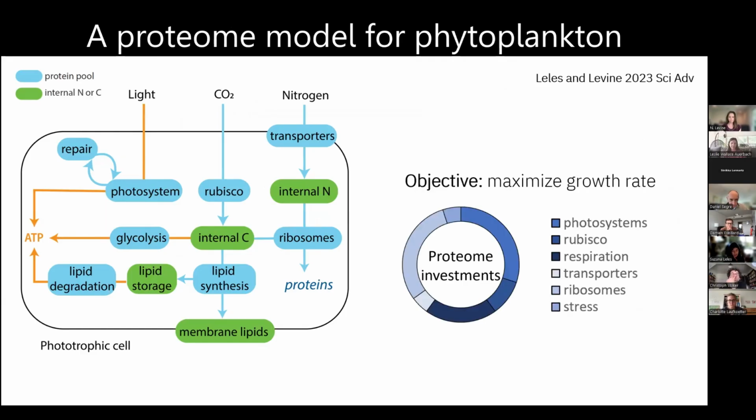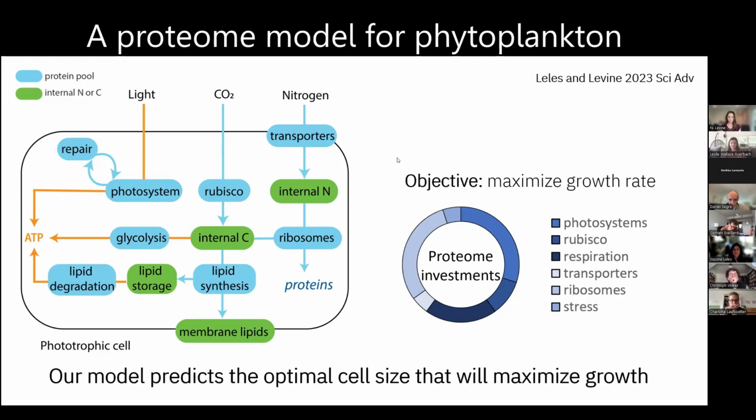So basically, with this model, we can actually find the optimal metabolic strategy of a given phytoplankton cell that will maximize the growth rate. And by doing that, we can investigate shifts in the relative proteome investments into different functions as a function of the environment. And as a reminder, our model can predict the optimal cell size that will maximize growth.